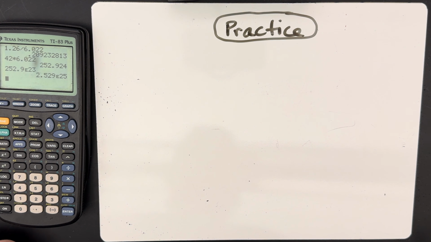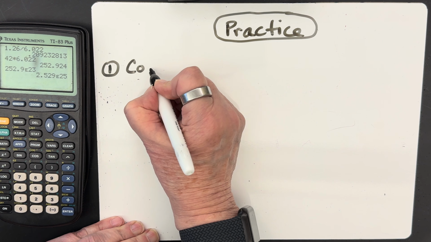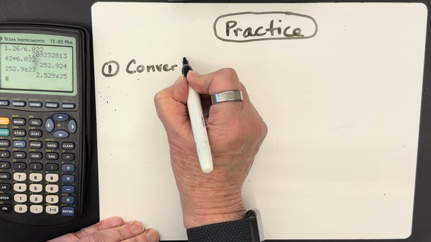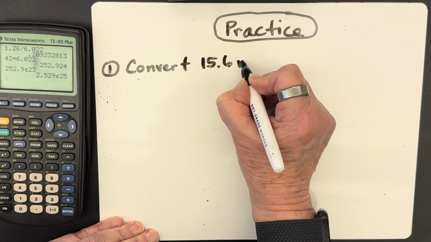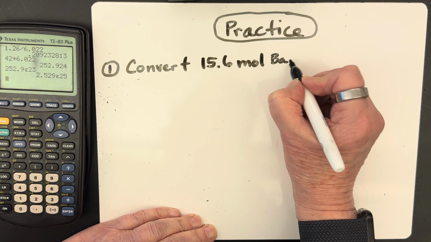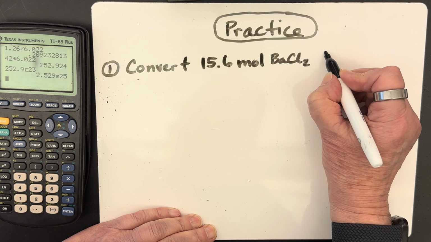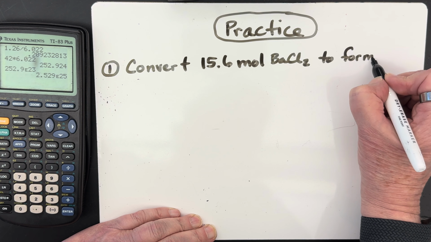All right, so let's practice a couple. Convert 15.6 moles of BaCl2 to formula units.